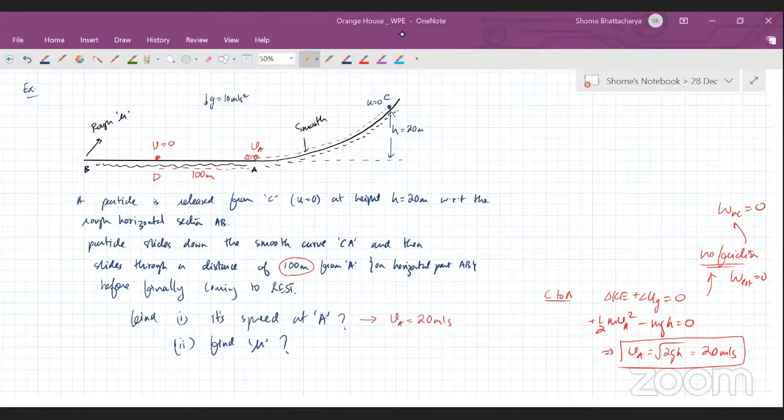Okay, so let's go through this section. So mu should be coming out to be 0.2, and let's understand how.